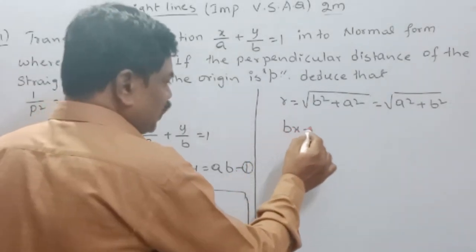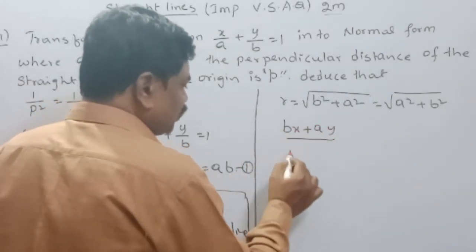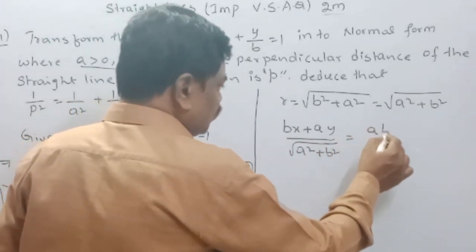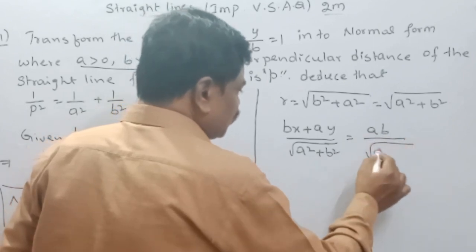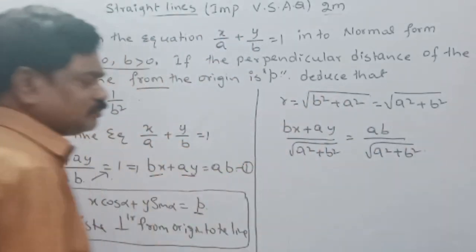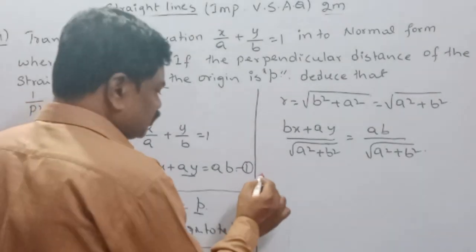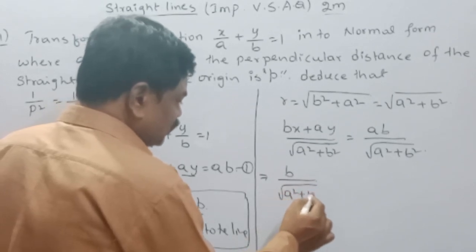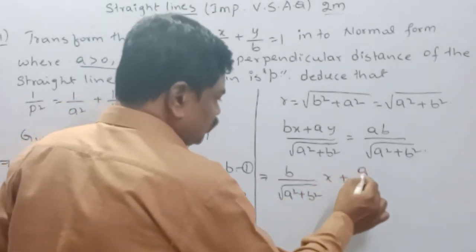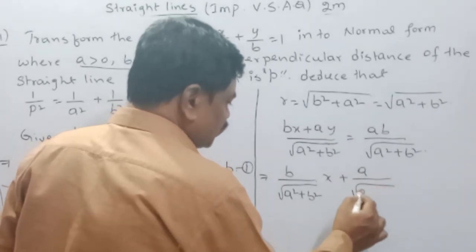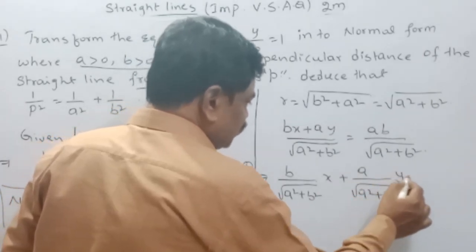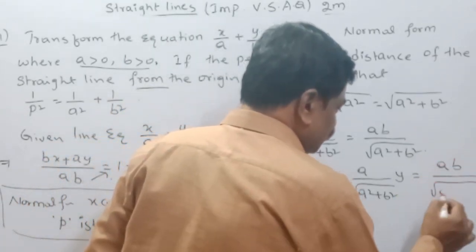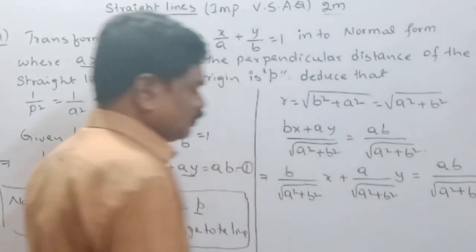That is bx plus ay by root over a square plus b square equal to ab by root over a square plus b square. Then this is b by root over a square plus b square into x plus a by root over a square plus b square into y is equal to ab by root over a square plus b square.